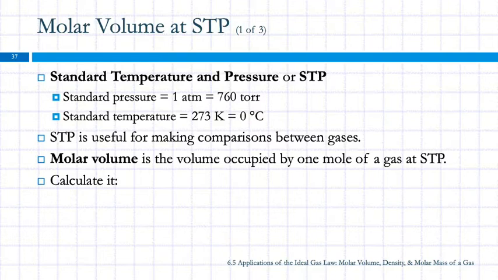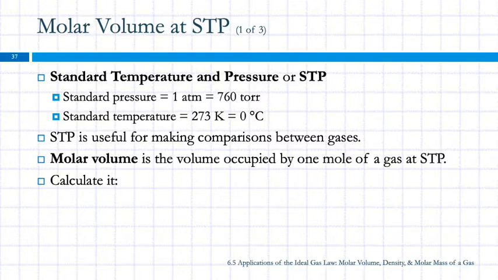So if you're trying to do a gas experiment and you want to know what the temperature is, the easiest temperature to use is 0 degrees Celsius, because that's the temperature of an ice water bath. It's the melting point of water. So if you submerge your reaction flask inside a big bath with ice and water and wait a few minutes, you can be confident without even measuring the temperature that it's at 0 degrees Celsius. And so that's very easy to establish.